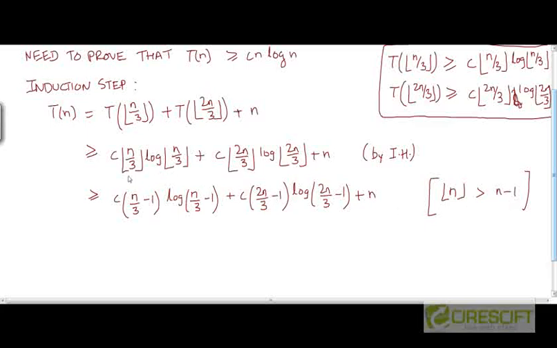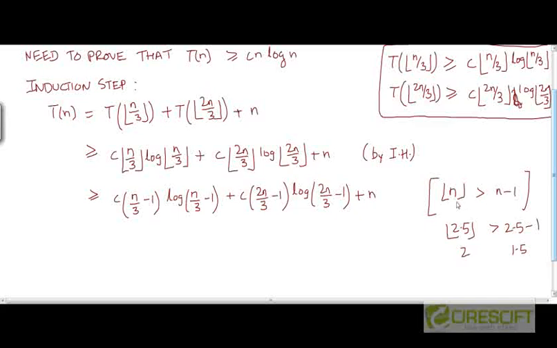And why can we do that? Because the floor of n is greater than n minus 1. The floor of 2.5, for example, is greater than 2.5 minus 1. What is the floor of 2.5? It's 2. 2 is greater than 1.5.